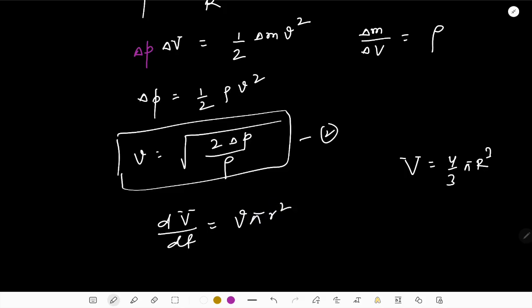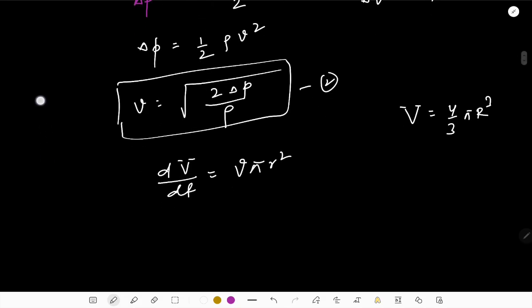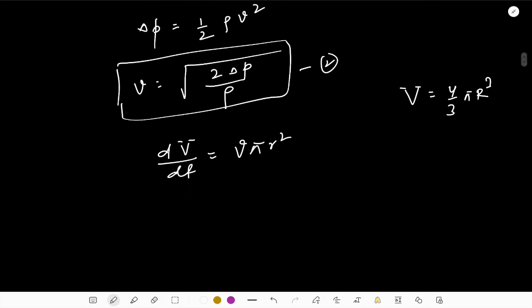The cross-sectional area of the tube is pi r square, and now you know what to do to calculate dV by dt.